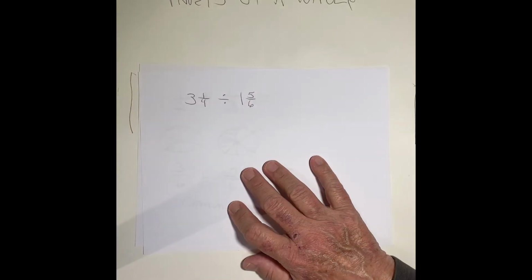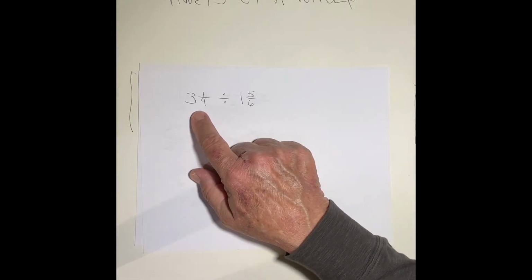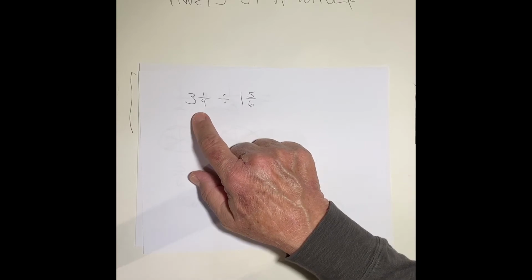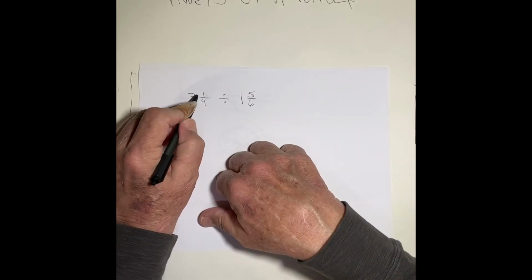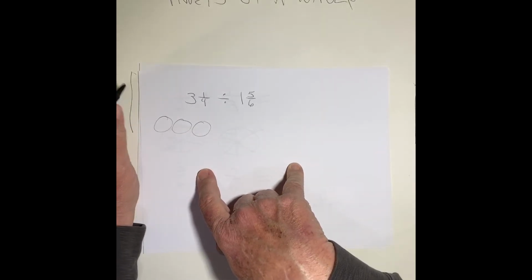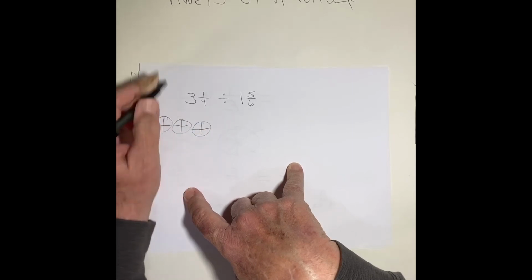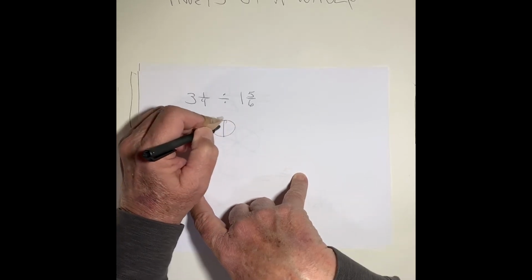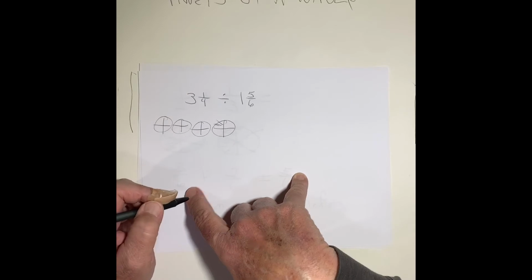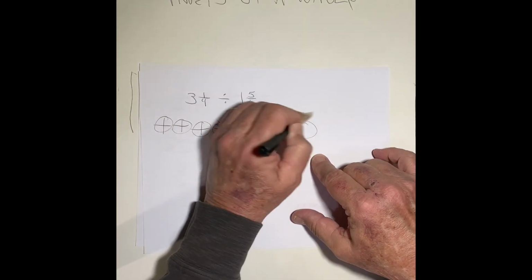Now this is one of those things that we say, but we don't write it down. This is 3 1/4. So think about it. It's 3 whole pizzas. Each of those pizzas would be 4 slices. And another 1/4. And I'm going to divide that by 1 and 5/6.